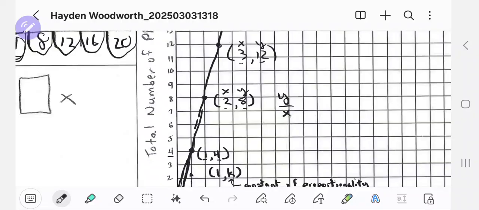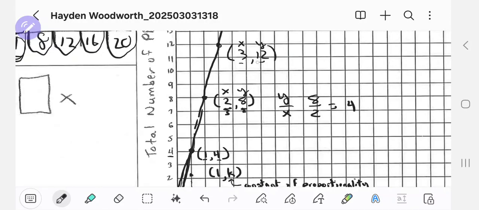Things start going crazy when I put symbols in here, but remember, we can always find k, or the constant of proportionality, by dividing the y value by the x. So we take our y, which is 8, and divide by our x, which is 2, and that gives us 4 points per day, our unit rate, or our constant of proportionality.